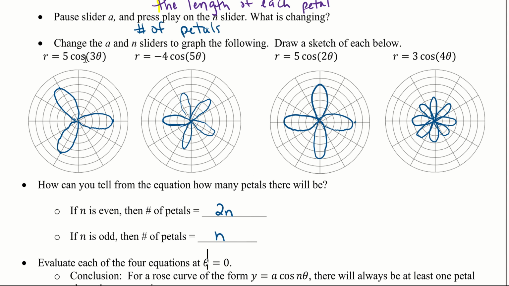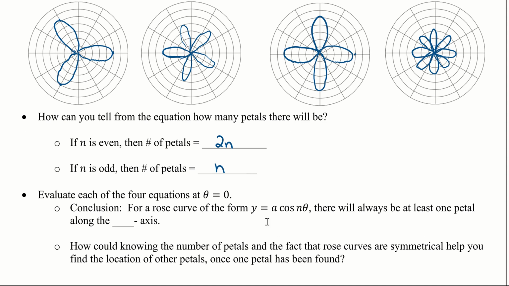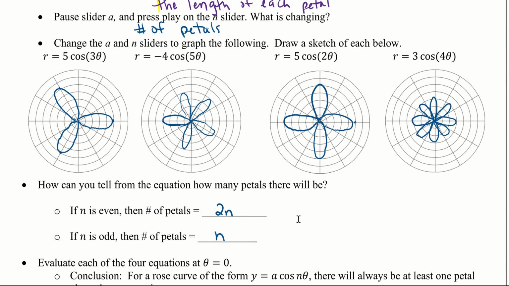If we look at each of these equations up above, if I plug in the number 0, what do I get? Well, this one, if I plug in a 0, 5 times the cosine of 0 is 5, because 5 times 1. There it is. Here, if I plug in a 0, I get cosine of 0 is 1 times -4. So in the direction of 0, I go -4 this way.